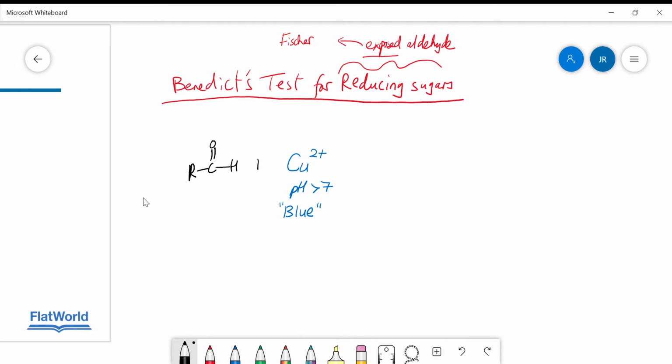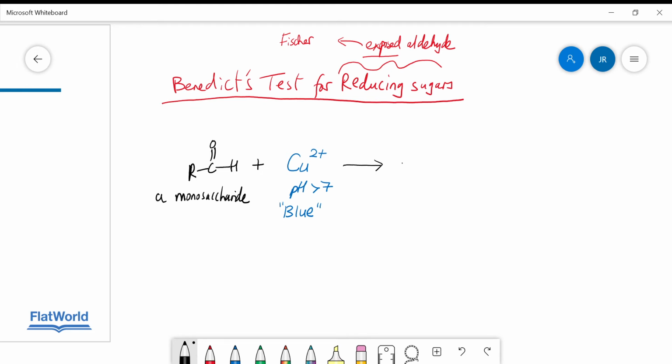So aldehyde, let's say it's a monosaccharide. It's our exposed aldehyde, it's a reducing sugar, it's in its Fisher form, etc., all that good stuff. We add blue Benedict's, and the active ingredient in Benedict's is this copper 2 ion. Well, what happens is we oxidize the aldehyde and reduce the copper.